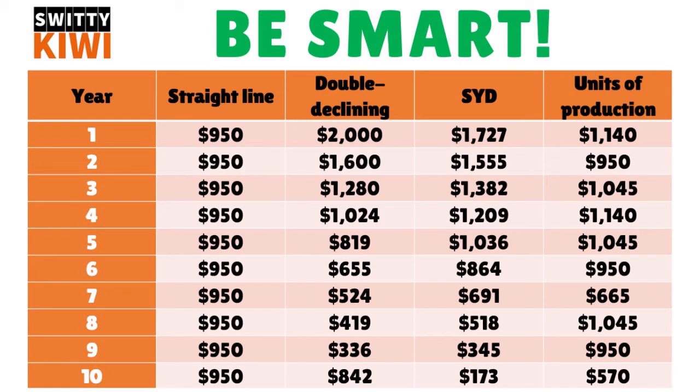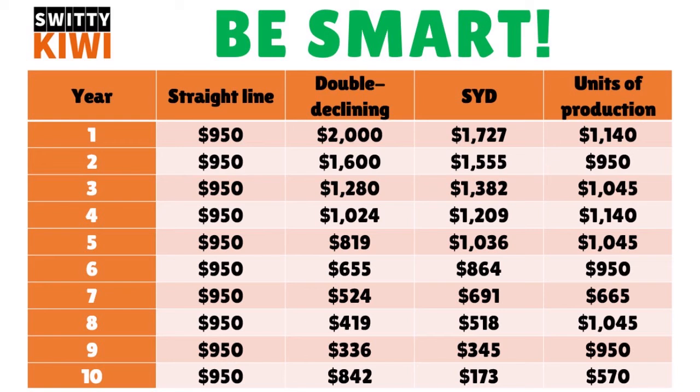And you can see very clearly that the amount is larger in sum of the year's digits and double declining in the very first few years. Whereas for straight line and units of production, even though the number of hours was randomized, we still have a fairly even amount of depreciation.